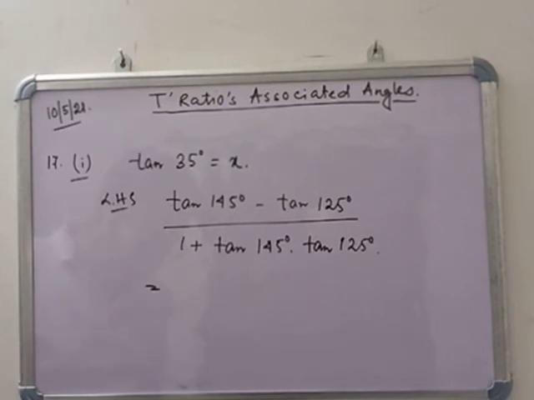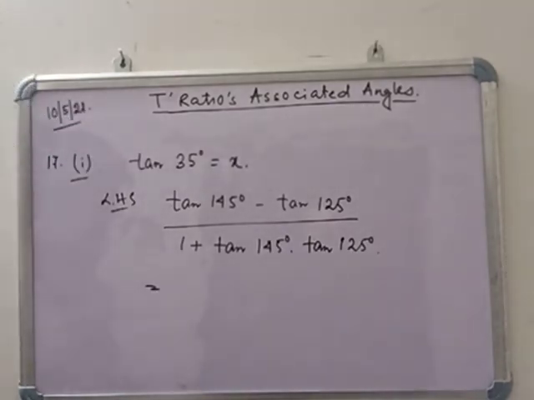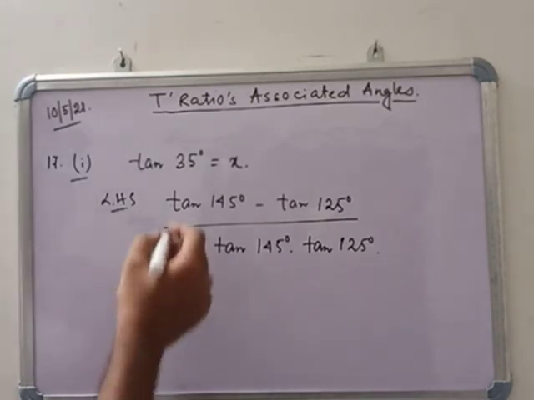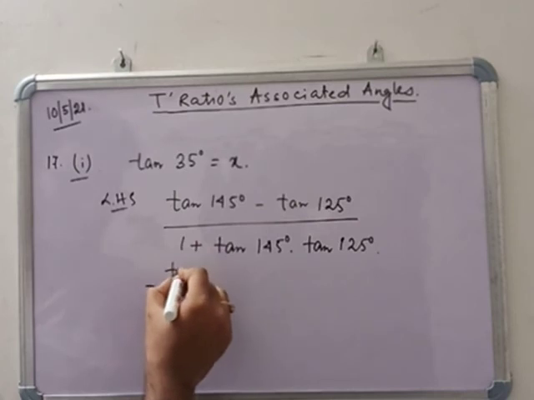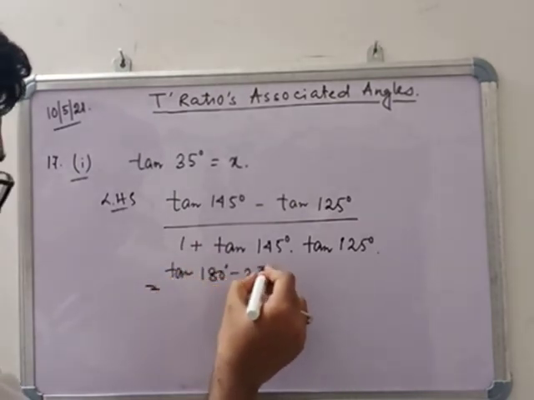Okay. But we can do another process also. But normally we are following. So 145 means tan 180 degree minus 35 degree.